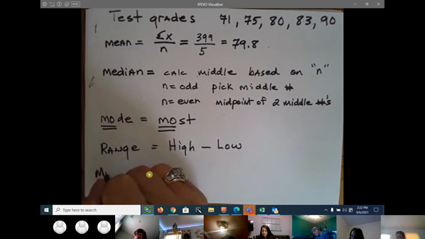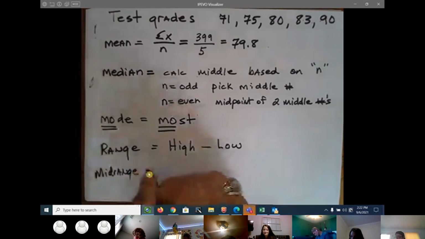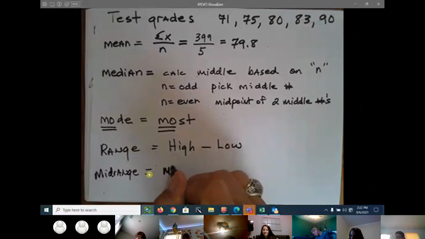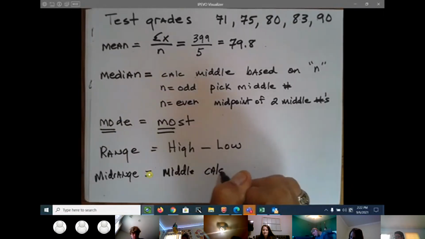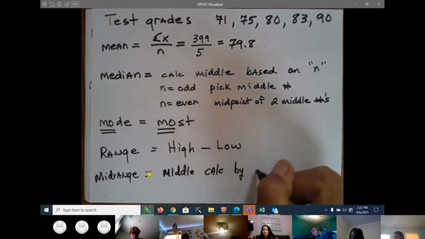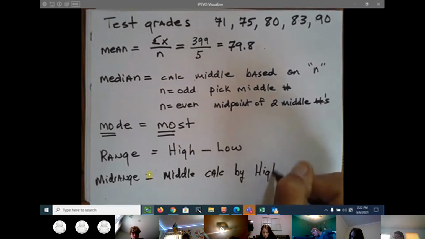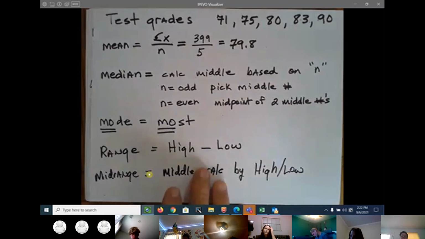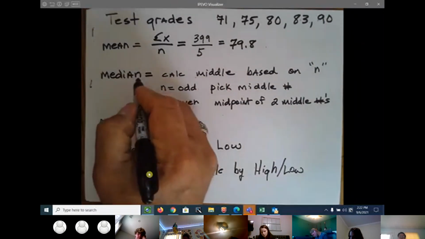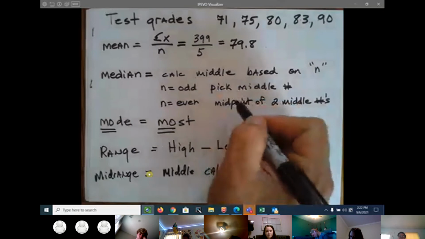The mid-range is the middle calculated by the high and the low. The median uses the middle terms.